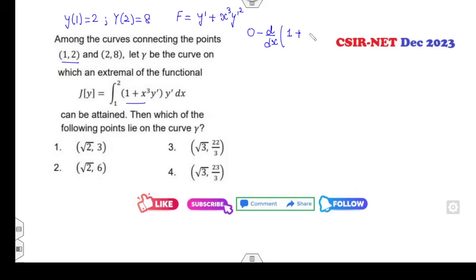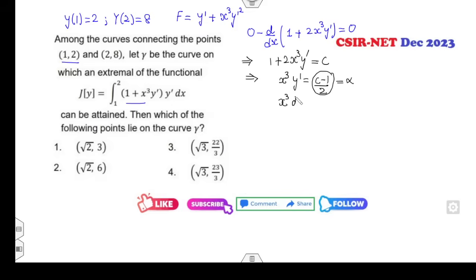So 1 plus 2x cube y dash is the quantity, and its derivative is 0. Once the derivative is 0, that means this number is a constant. So I call it c. That implies x cube y dash is (c minus 1) over 2. I call this another constant, say alpha. So therefore x cube dy over dx is alpha.